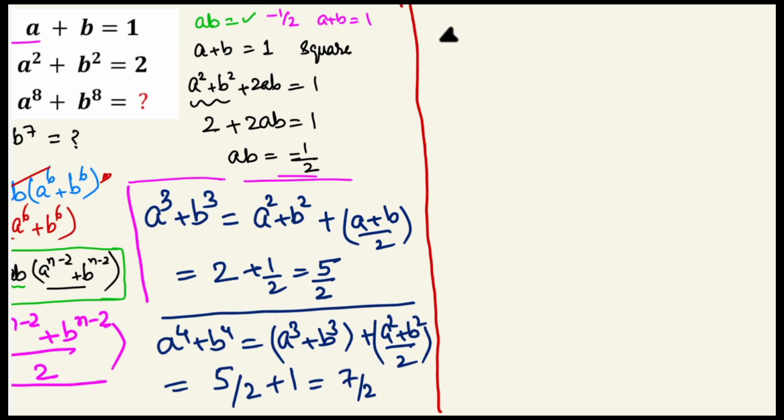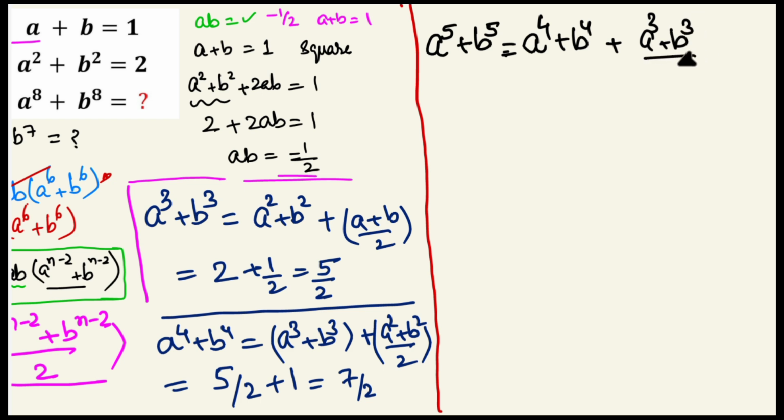Now we calculate the value of a to the power 5 plus b to the power 5. This will be equal to a to the power 4 plus b to the power 4, and plus a cube plus b cube by 2. This is equal to, we have already calculated this value, 7 upon 2, plus a cube plus b cube also we have calculated, 5 upon 2 into 1 upon 2.